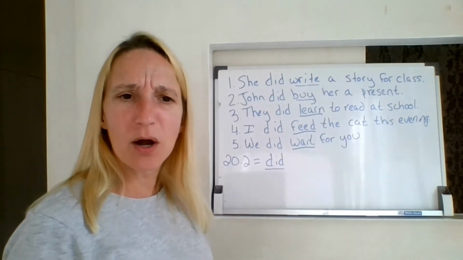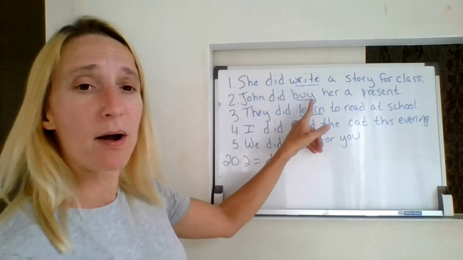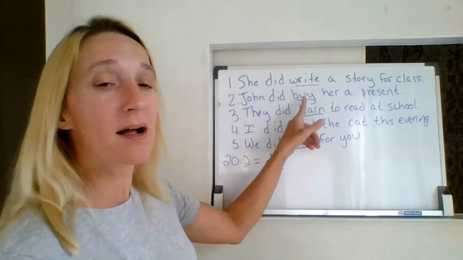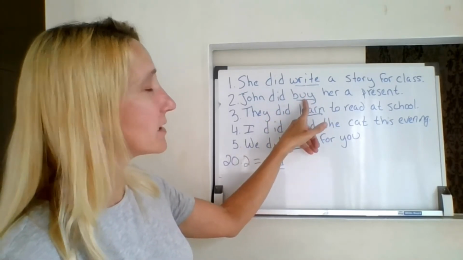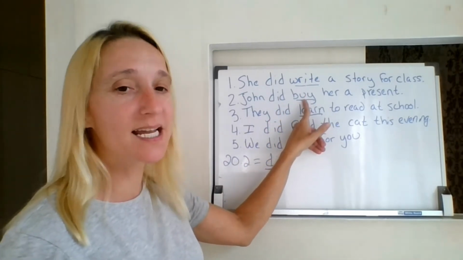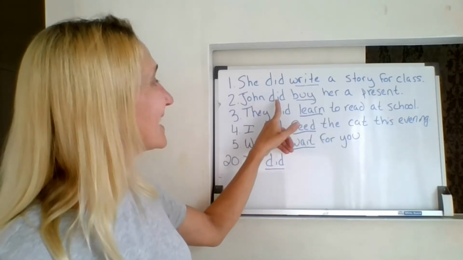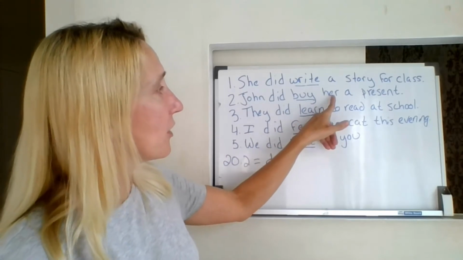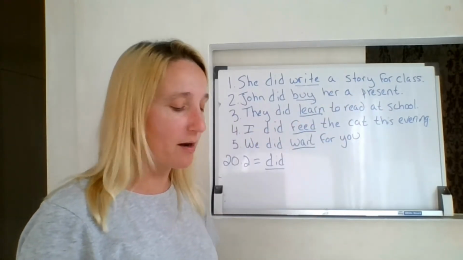Where does did go in that? Did would go between John and bought. But since bought is past tense, we added did, then bought now turns into present tense. So the sentence should read, John did buy her a present.